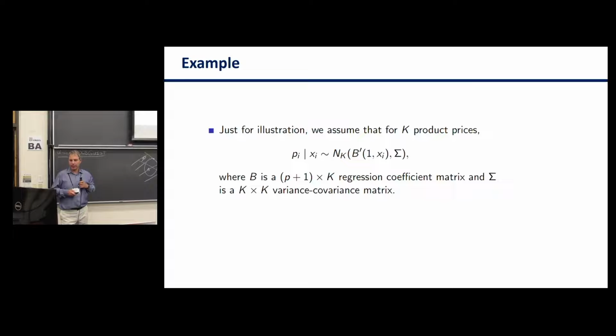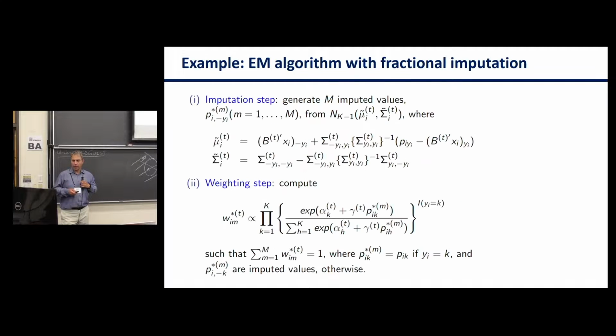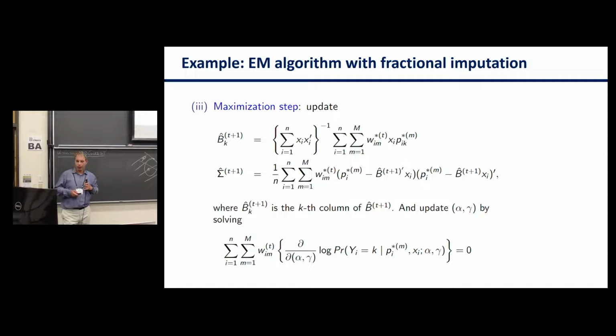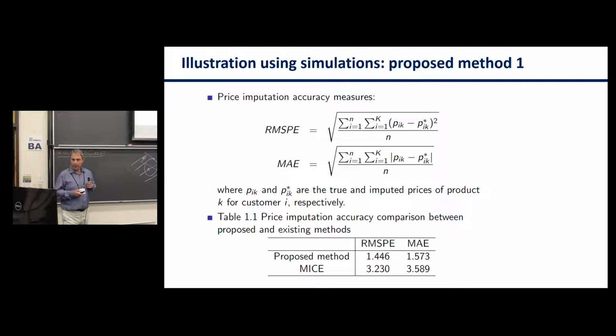This is the example for the normal distribution of the prices based on the parameters. We use the imputation step, weighting step, and maximization step to estimate those parameters. And we can say that in our method, based on the proposed and the existing method, we have better estimation of the parameters, and this is the comparison at the bottom of the slide.